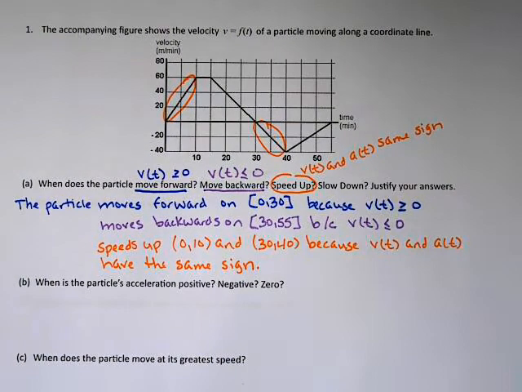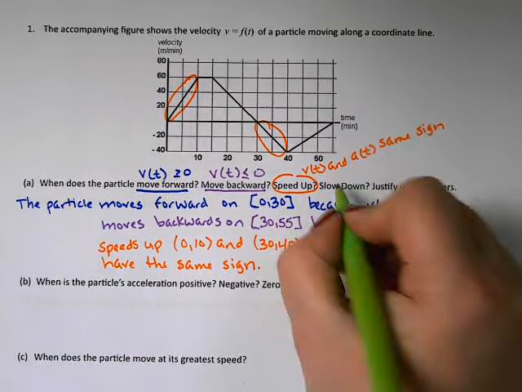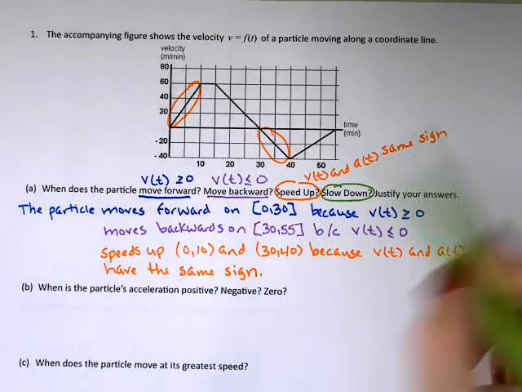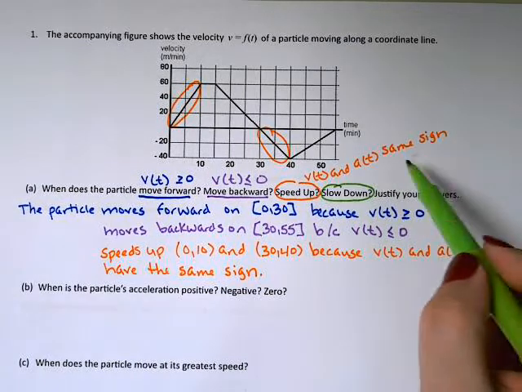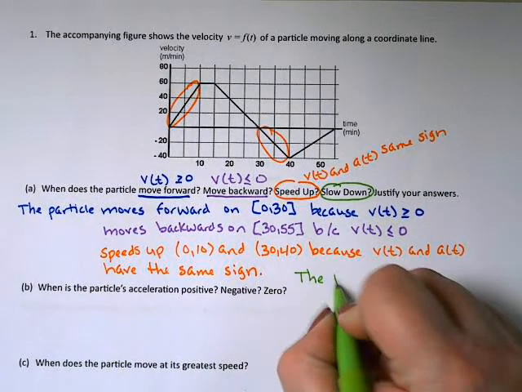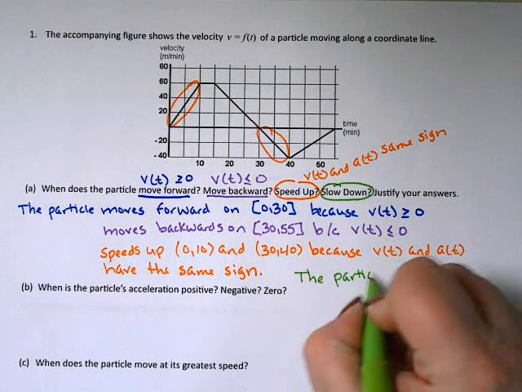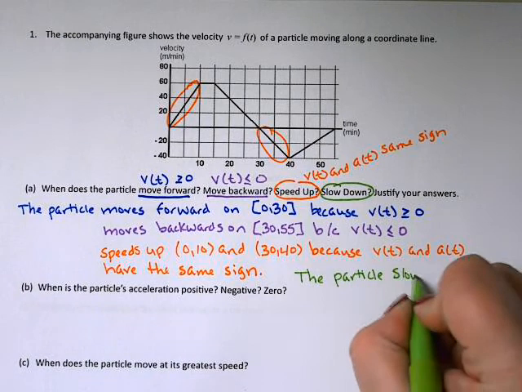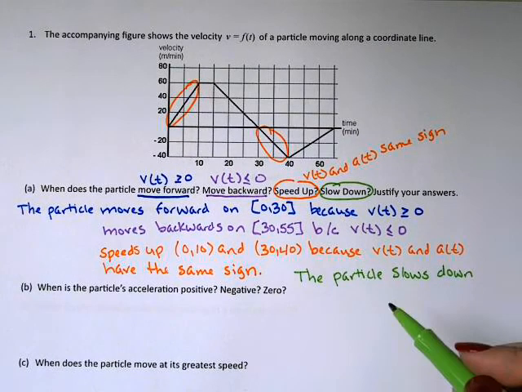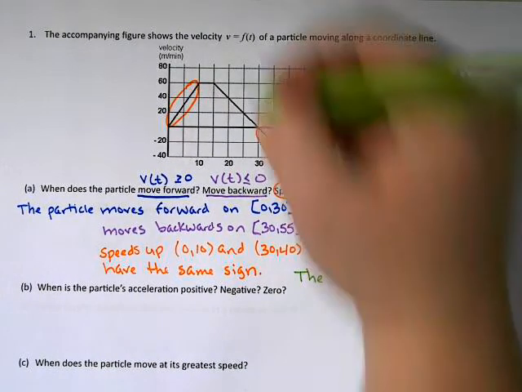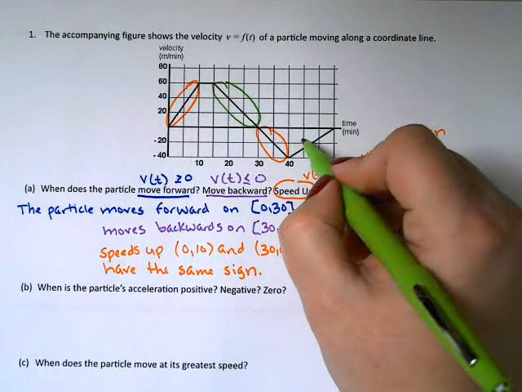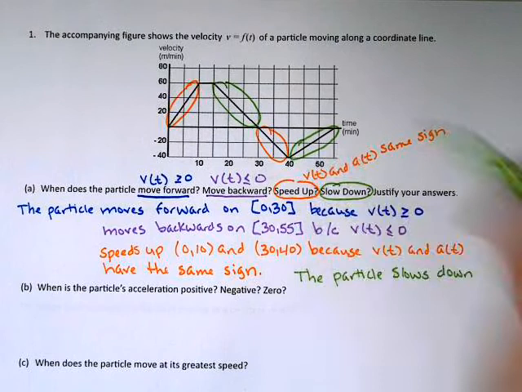Alright, let's see. Then if we want to talk about when the particle slows down, we want the velocity and acceleration to have opposite signs. So the particle slows down, let's see, when we are either above the x-axis with a negative slope or below the x-axis with a positive slope.